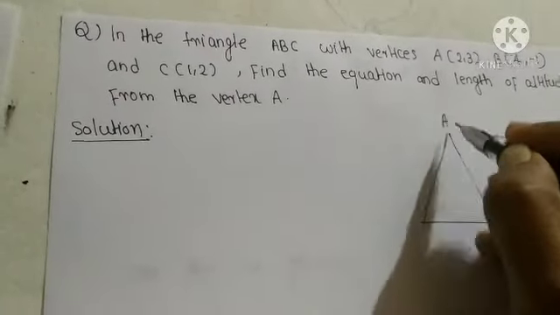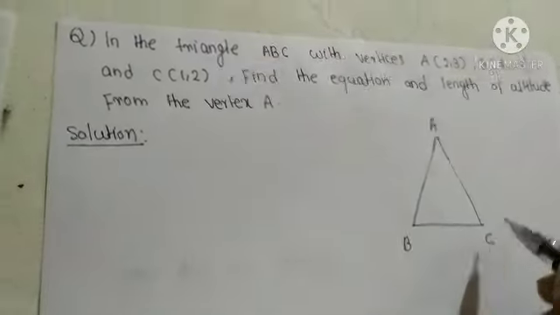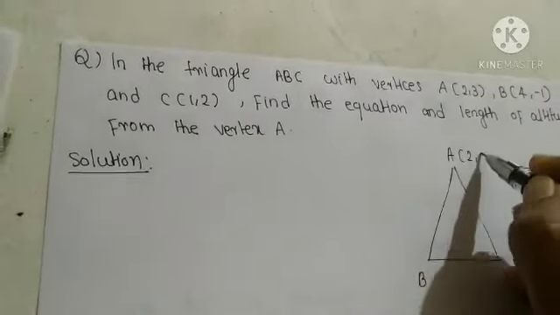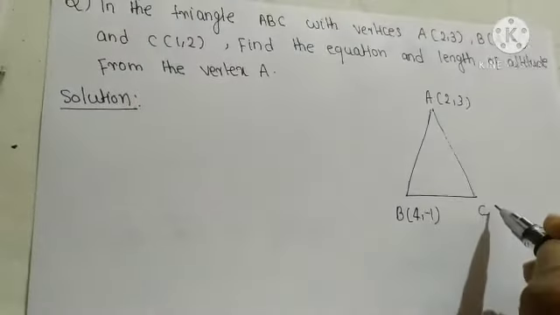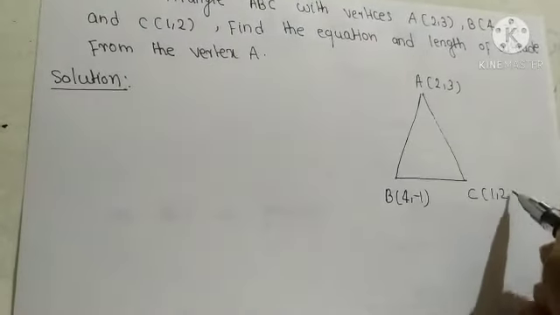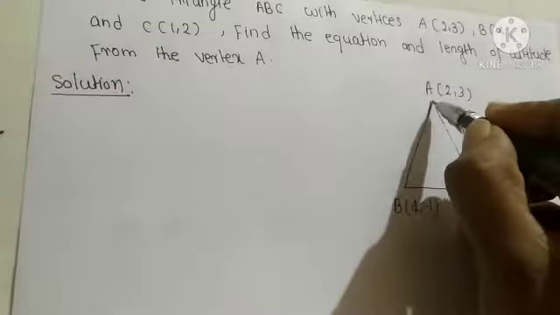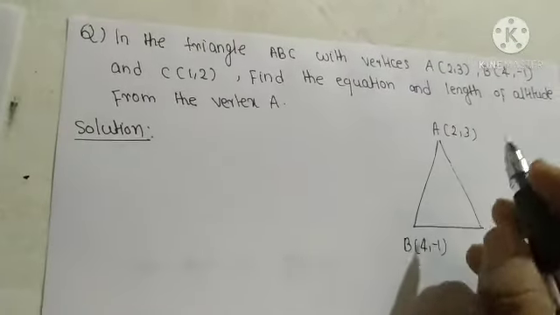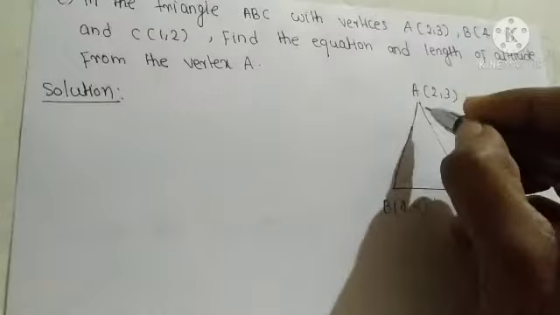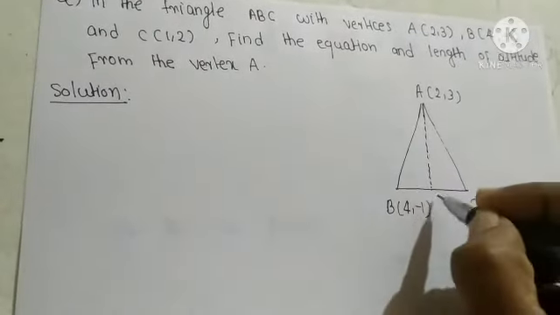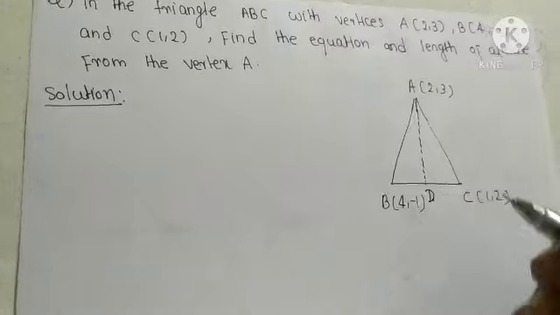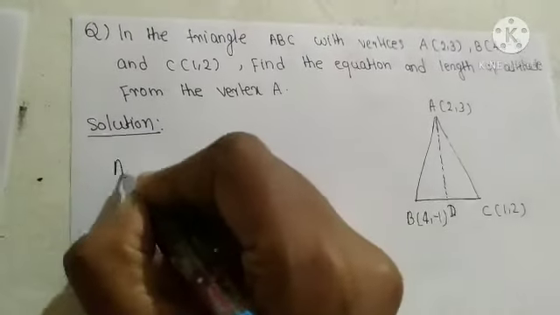This is our A, B, C, and given that A is (2, 3), B is (4, -1), C is (1, 2). So let's draw an altitude from the vertex A. Let me name it as D here. So AD is our altitude.